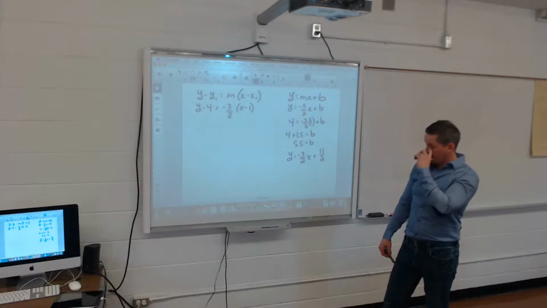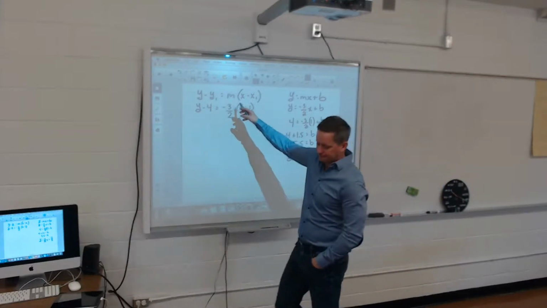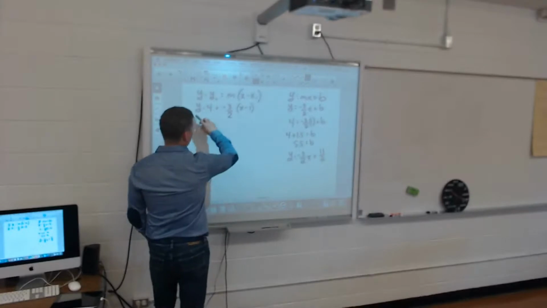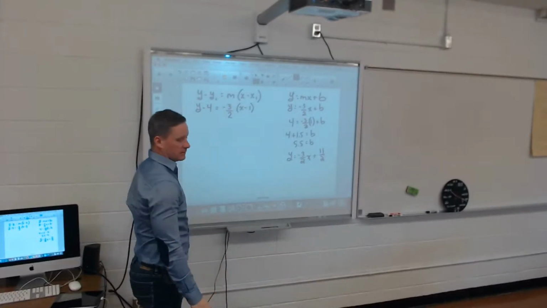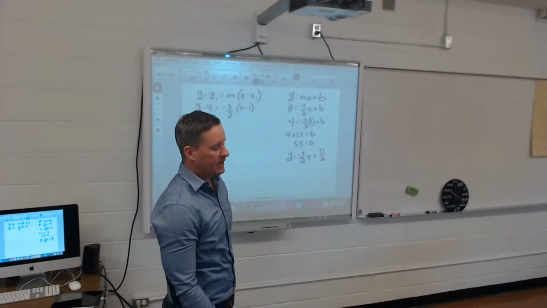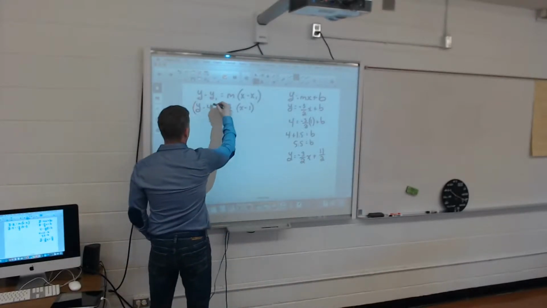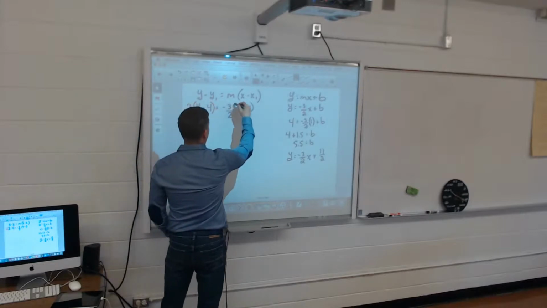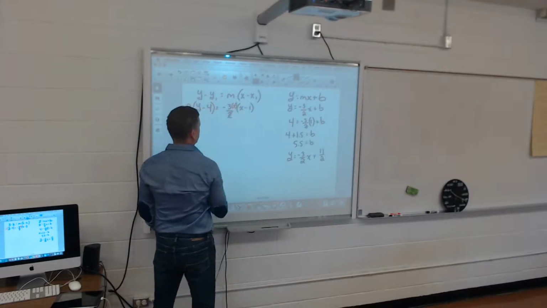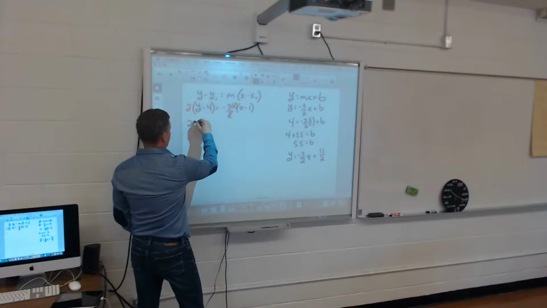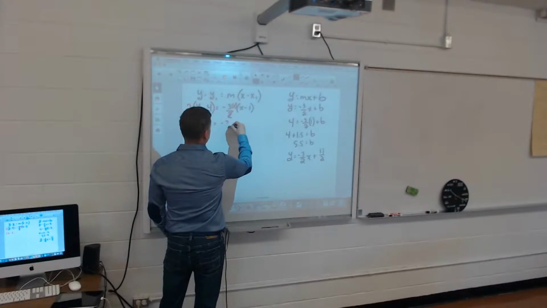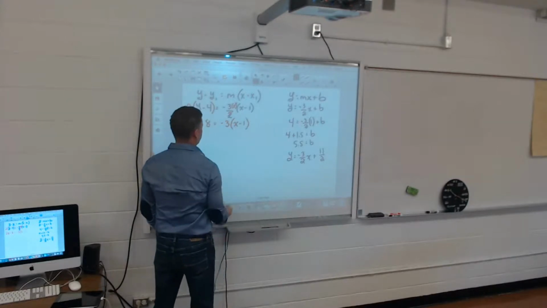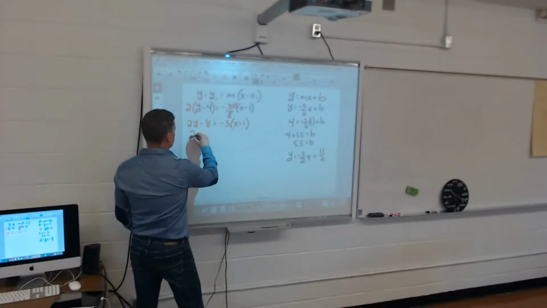And then it wants you to write it in general form. So let's start with this guy. What's the first thing that we learned yesterday that we want to do in order to get it into general form? Take out the fraction. So I'm going to multiply this by 2 and this guy by 2 because that'll cancel them. So I end up with 2y minus 8 equals -3 times (x minus 1). I'm going to multiply that -3 through the brackets.